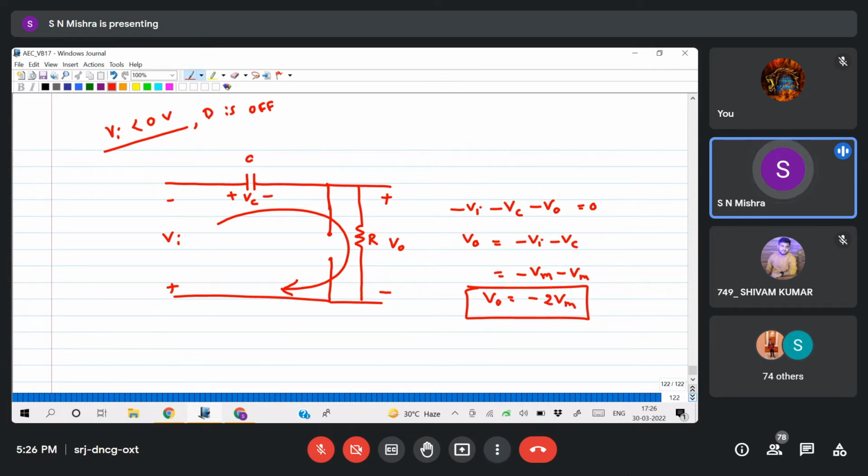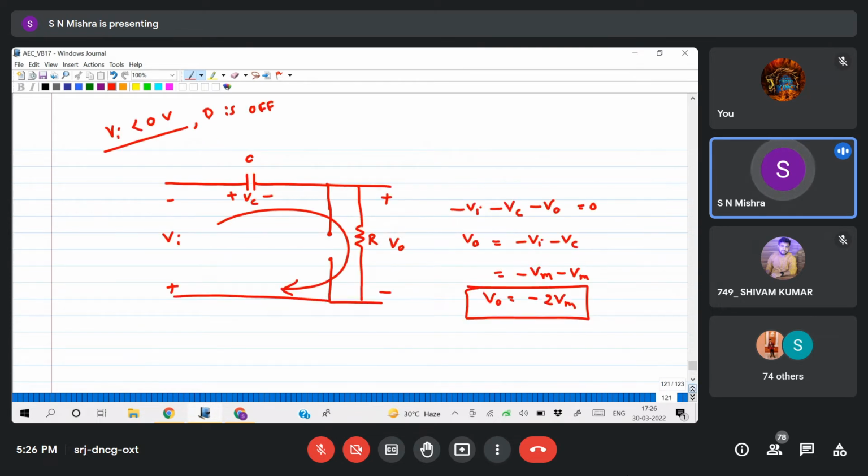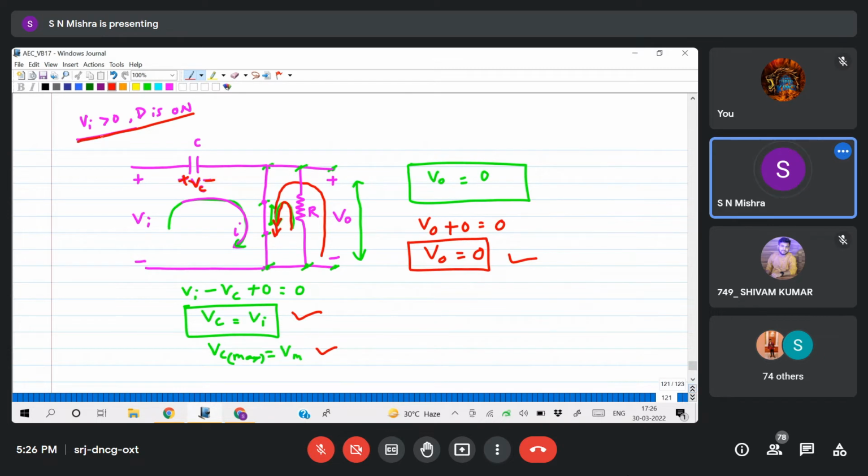Now we'll draw the output waveform. Drawing the output waveform, with T by 2 and T by 2 on the axis, what we observed is that when Vi is greater than 0, the output voltage is just 0.